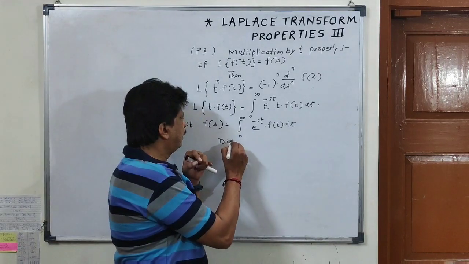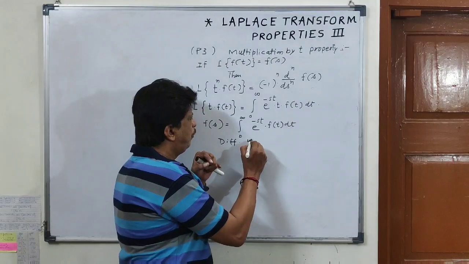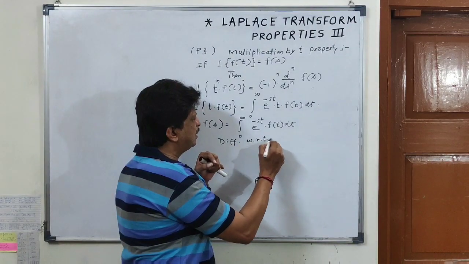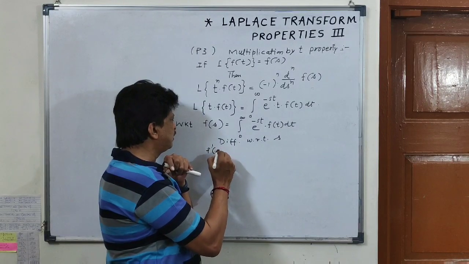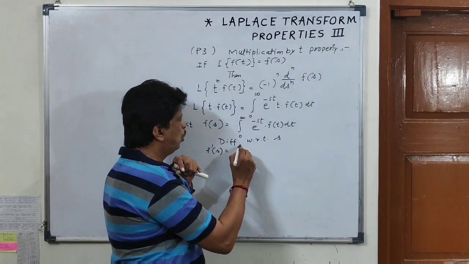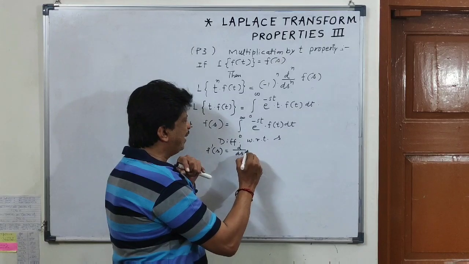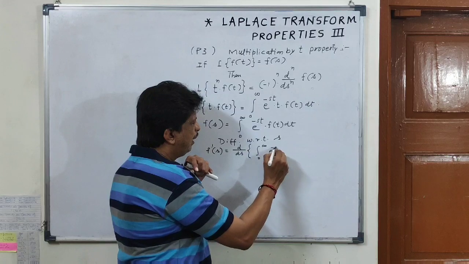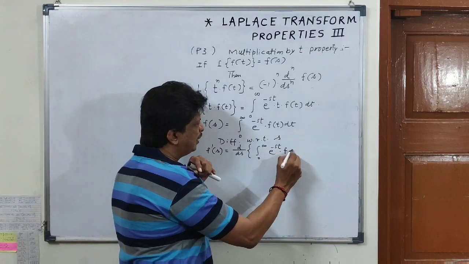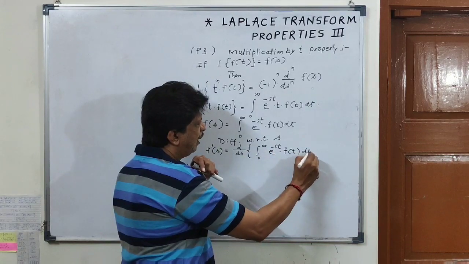So, I would be differentiating this equation with respect to s. That means F prime of s is equal to d by ds of integral 0 to infinity e raised to power minus st into f of t dt.